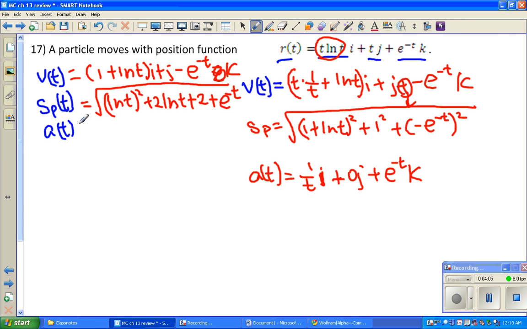Now, therefore, acceleration becomes 1 over t i, and j disappears, and then the last one would have been plus e to the negative t k. Alright, so that was relatively simple for number 17.